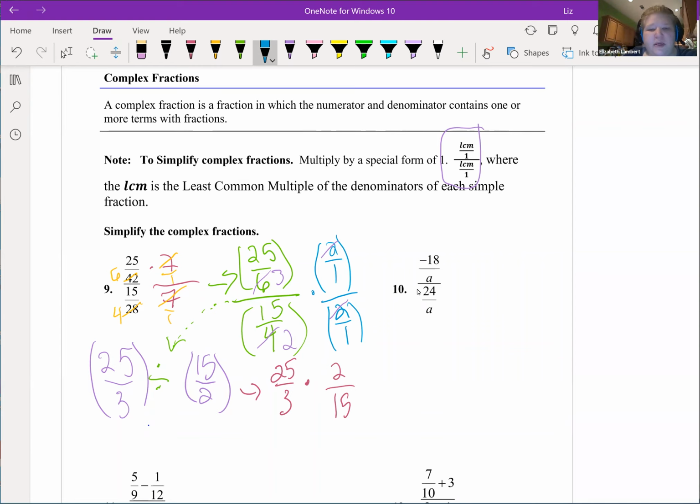I should have multiplied by something bigger, but 42 and 28 are ugly numbers. Okay, we'll finish this and then I'll show you what I was babbling about. So divide by 5 is 3, divide by 5 is 5, so 10/9.